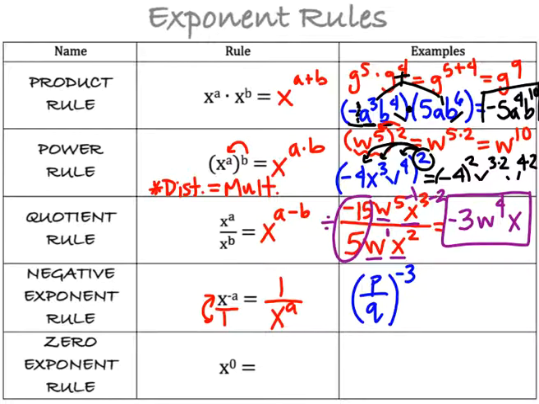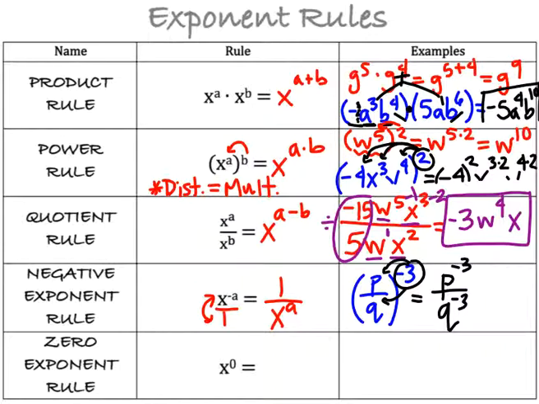You haven't technically seen this yet, but when we have a fraction in parentheses raised to an exponent, it's still that distribution property, that power rule from up above. You need to take that -3 and distribute it to both bases, to p and to q. So that would mean we'd have p to the -3rd power all over q to the -3rd power.